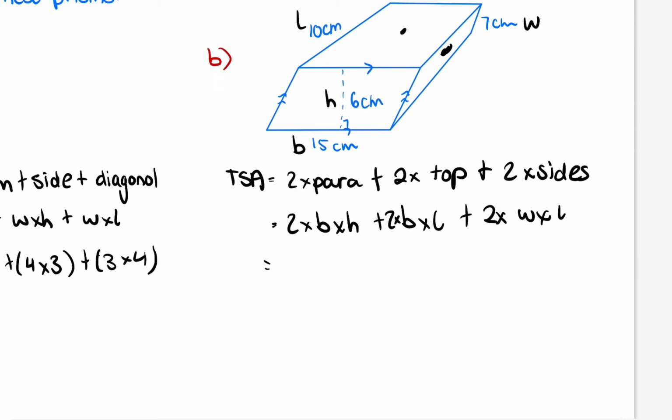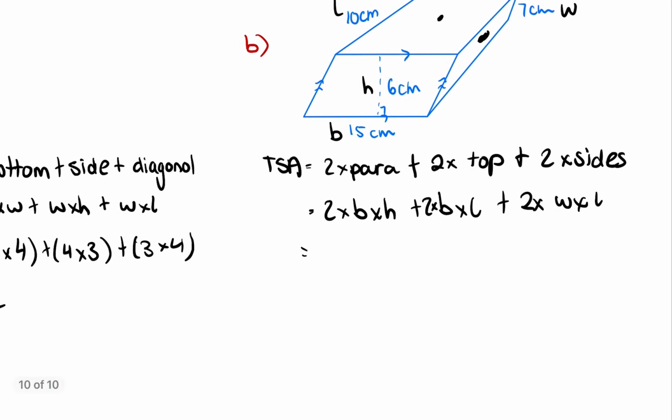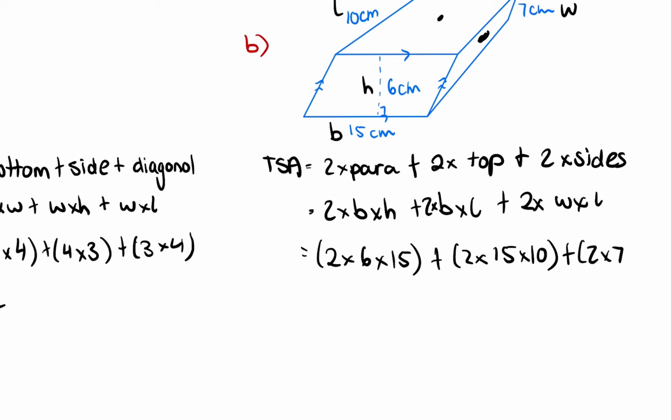So now, quickly substitute them in, put it in your calculator. 2 times 6 times 15 plus 2 times 15 times 10 plus 2 times 7 times 10.